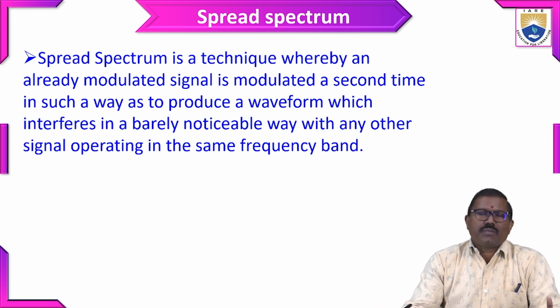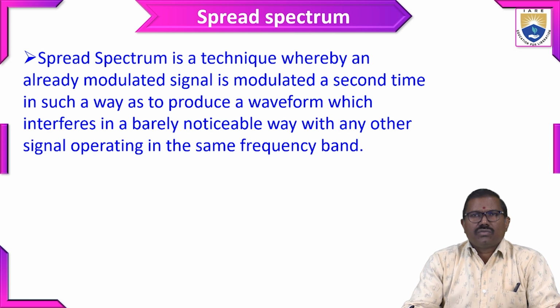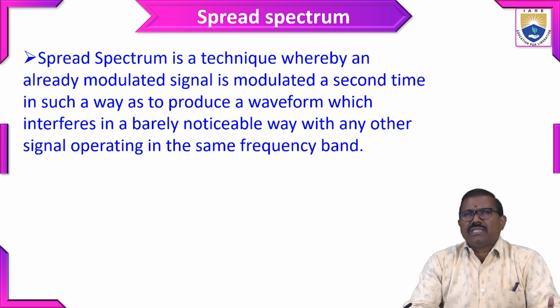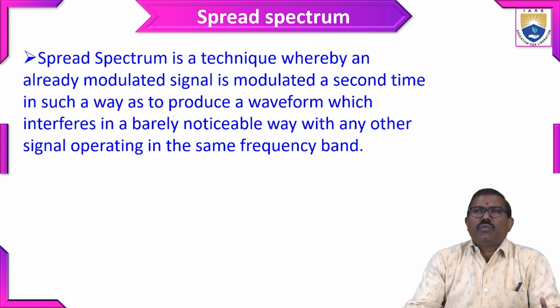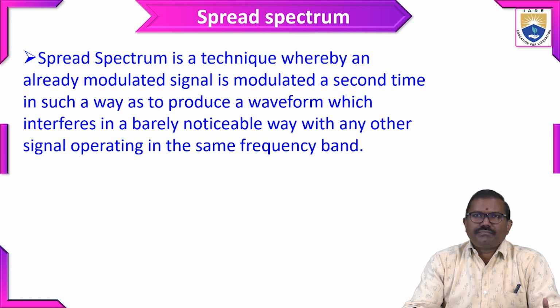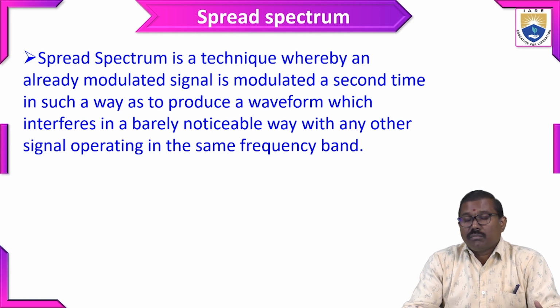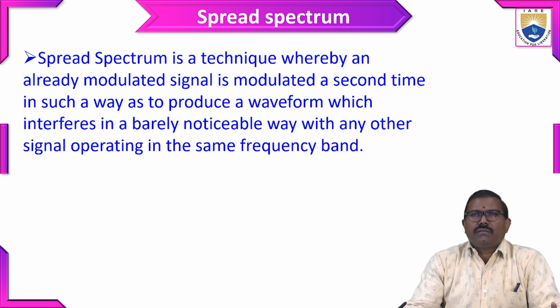It works on an already modulated signal, so simply a double modulation is going on. By the spread spectrum, our aim is that our signal is not identified easily by any other interfering one.